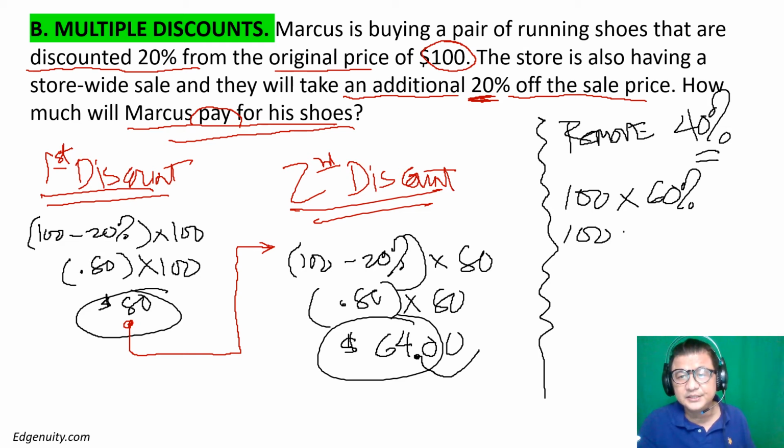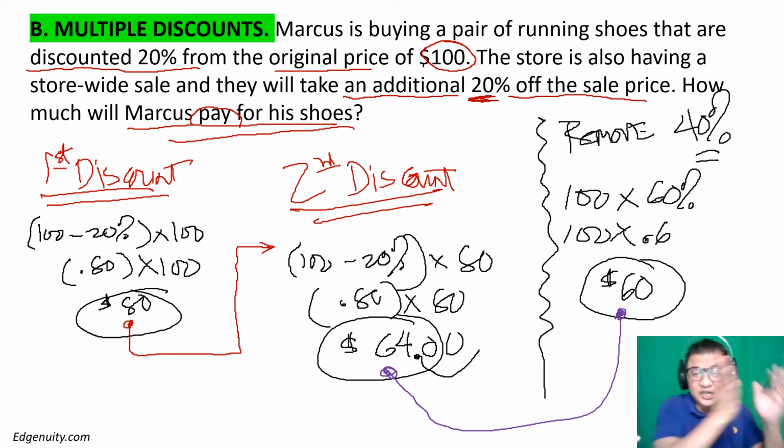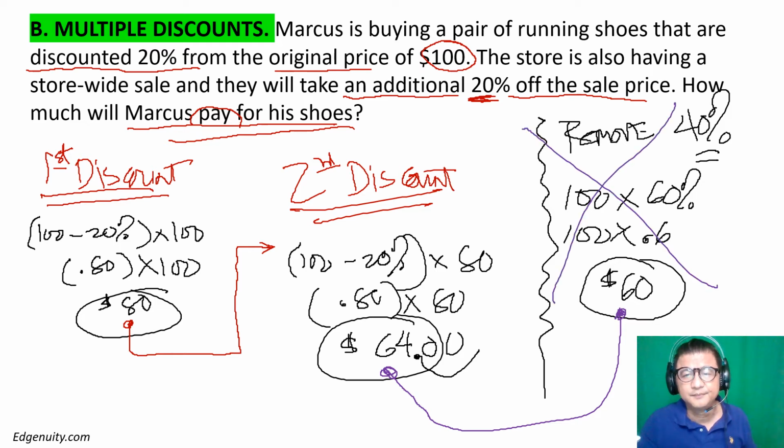So 100 times 0.6 is what? $60. All right? Are they the same? Compare the answer. Is this answer the same as that answer? No. So you cannot just combine the 20 and 20 together. They are done separately. The first discount followed by a second discount. So this is incorrect. This is the correct way.